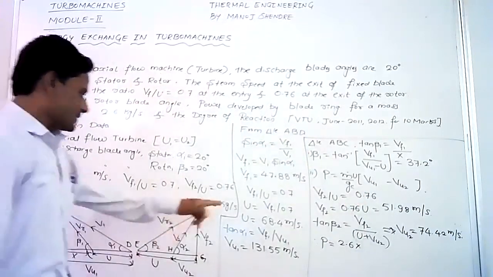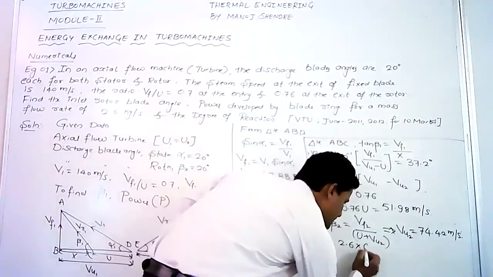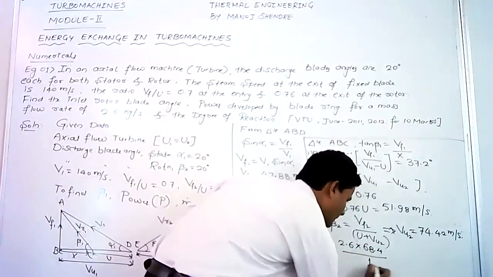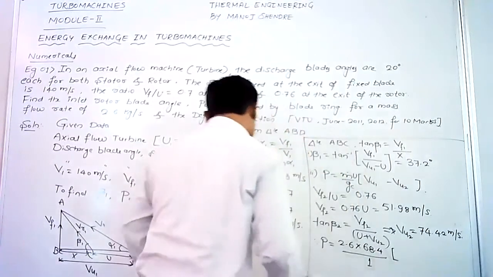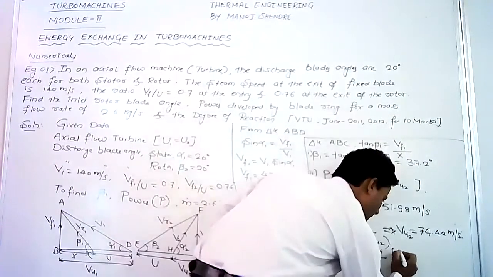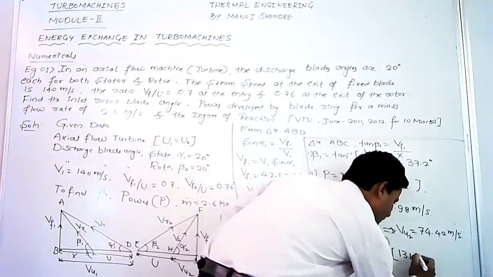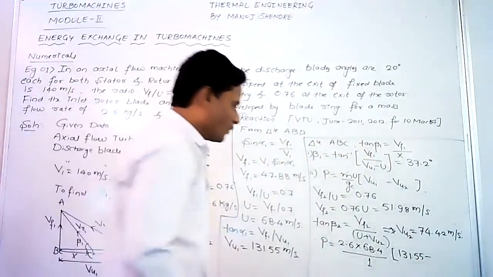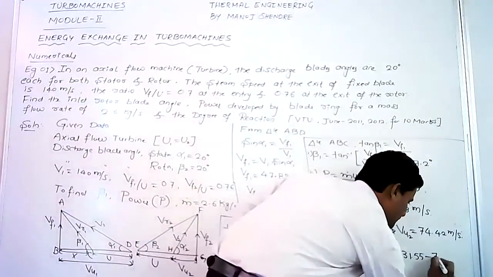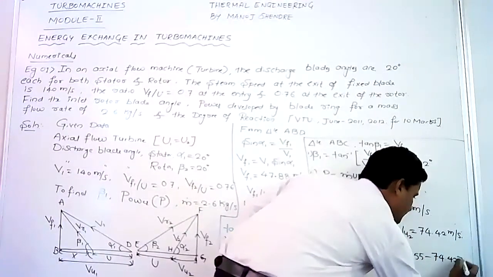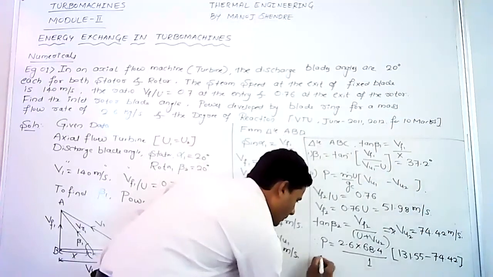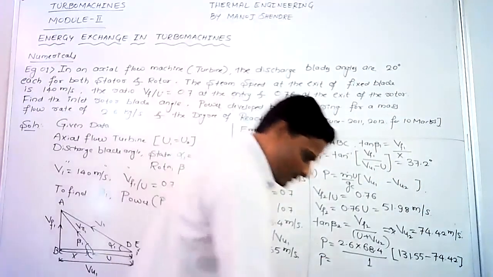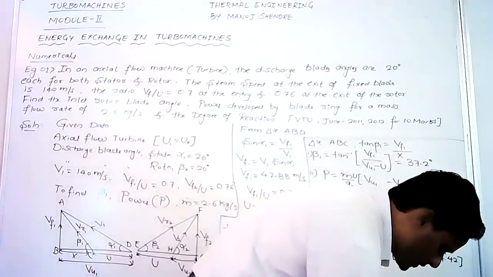U is 68.4, divided by Gc, which is always equal to 1, into Vu1 which is 131.55, and Vu2 is 74.42. The expected value for power P, let's do the calculation.